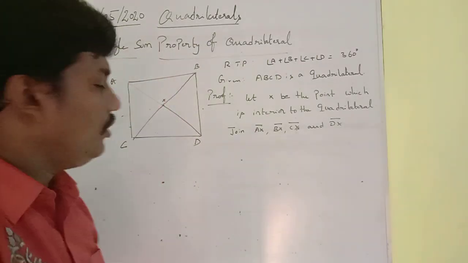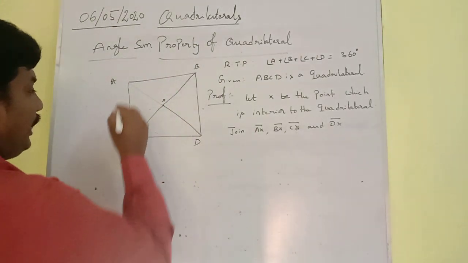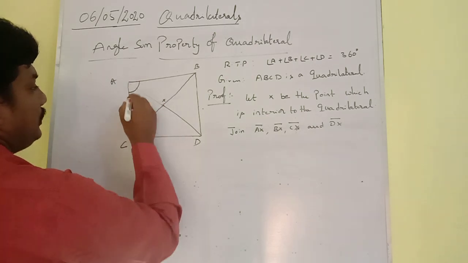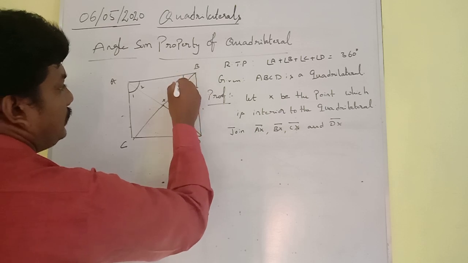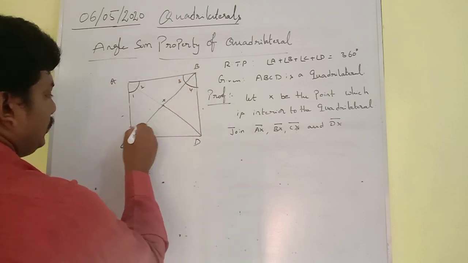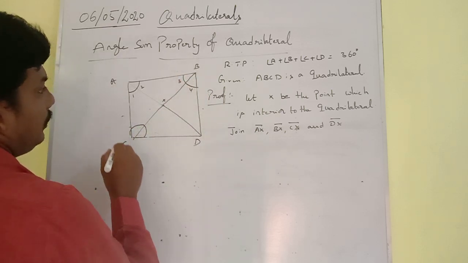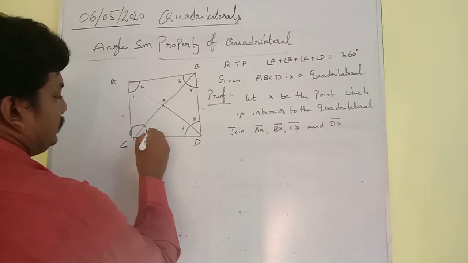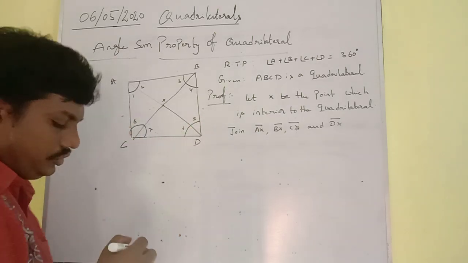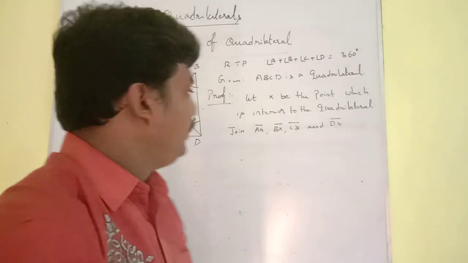When you join all the line segments, each angle of the quadrilateral becomes two parts. So this is 1, 2, this is 3, 4, this is 5, 6, and this is 7, 8. So totally 8 angles will be divided.